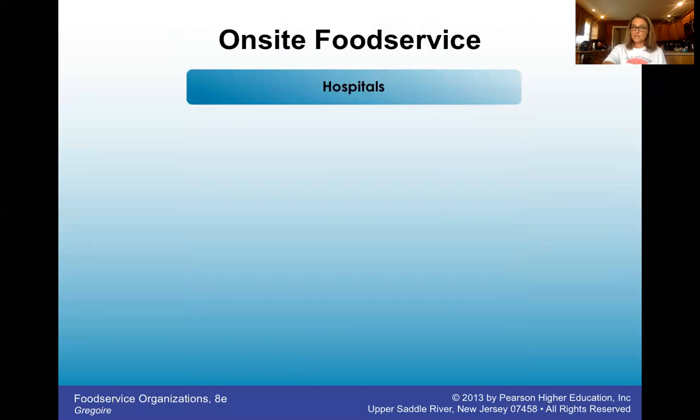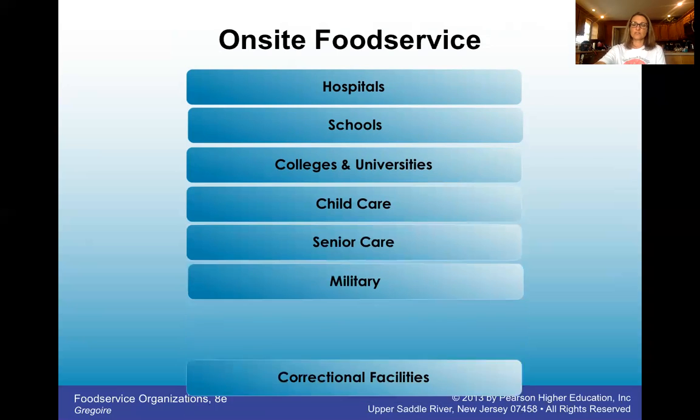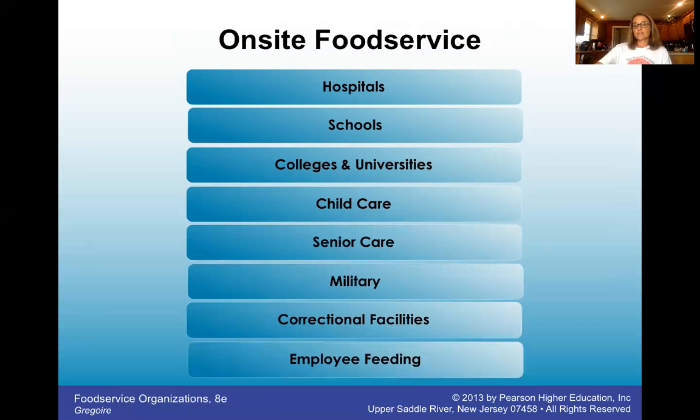All right, on-site food services, so hospitals, schools, college, universities, childcare, senior care. Depending on the program will kind of drive what type of service is provided at each of those. So in hospitals, a lot of them are moving towards like a room service, or some type of service that provides the patient with a lot of options where they can choose what they're eating within their recommended dietary guidelines.